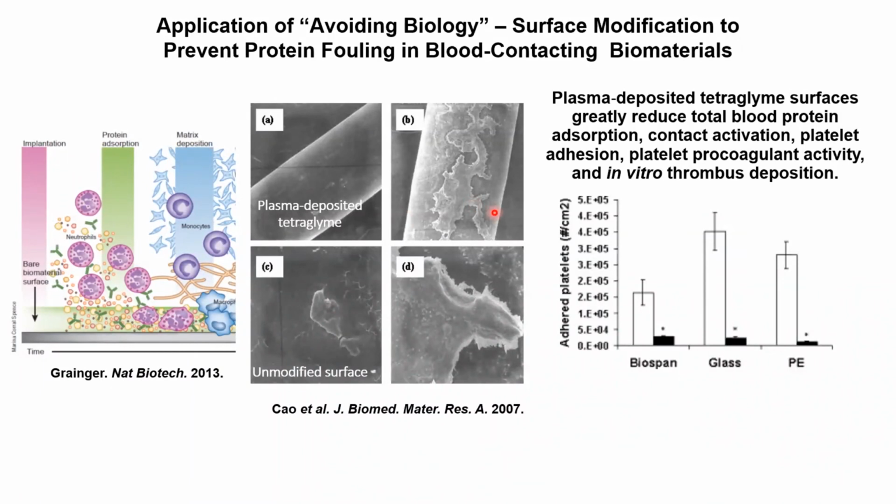And this is just a quantitative assay looking at adhesion of platelets. These are the cells that form blood clots. And in all cases, modification with this material tends to inhibit cell adhesion by inhibiting protein adsorption.